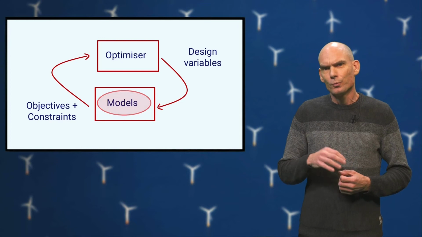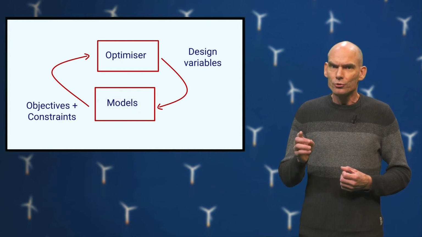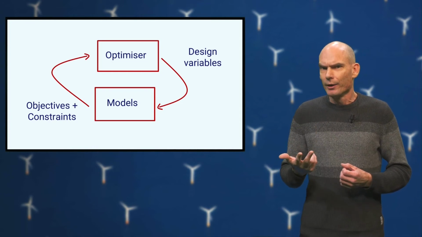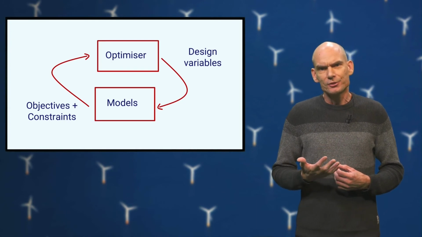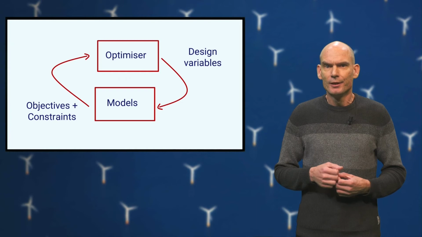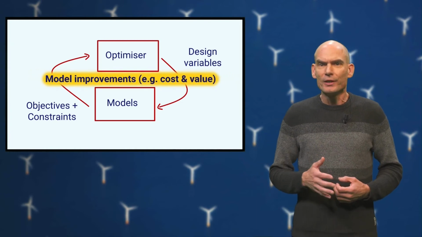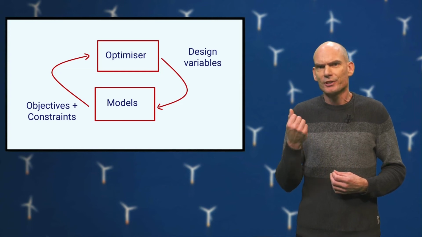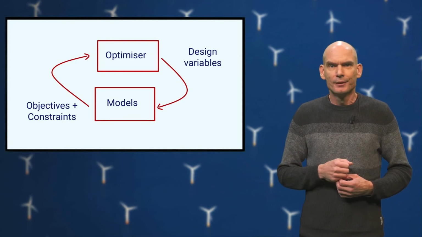The models will express the physics of the system, but for instance also the economics, social acceptance and environmental impact. To properly assess the objectives and the constraints, some models require improvements. Think, for instance, of cost models that need to capture the sensitivity of cost to all design changes.